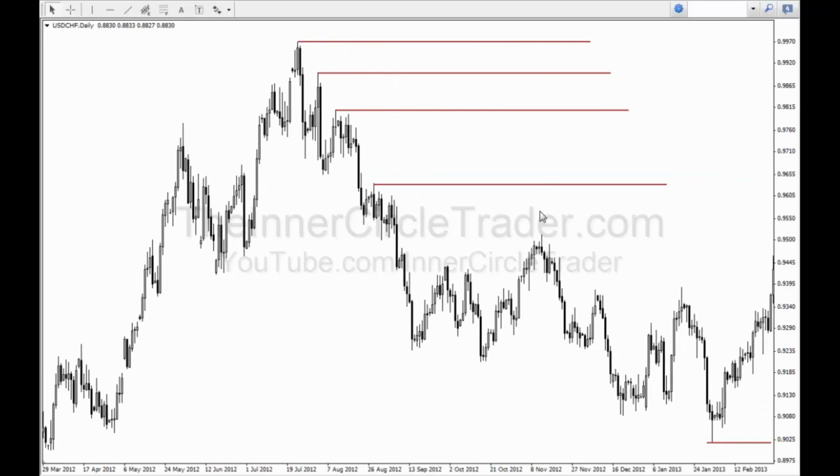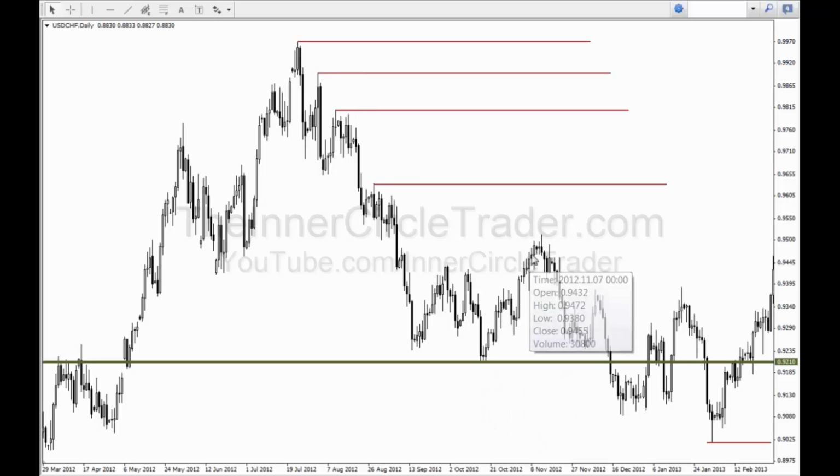Okay, so we have this low down here, which I'll just use a full horizontal for that. So we have this range, and this range, and this range, and we have the old high back here and the low here prior to this rally up.